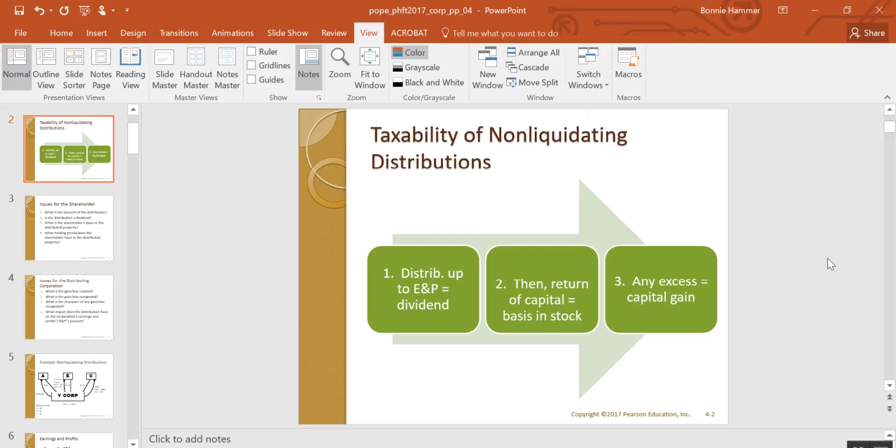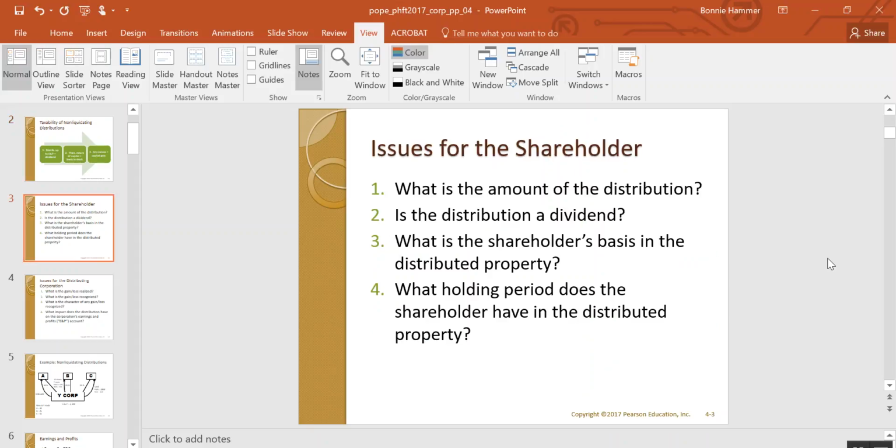And we as tax practitioners have to say, how's that distribution going to be treated to the corporate shareholders? Is it going to be treated as a dividend coming out of E&P, or is there no E&P and therefore it's going to be treated as a return of capital, and maybe even a portion of it treated as capital gain?